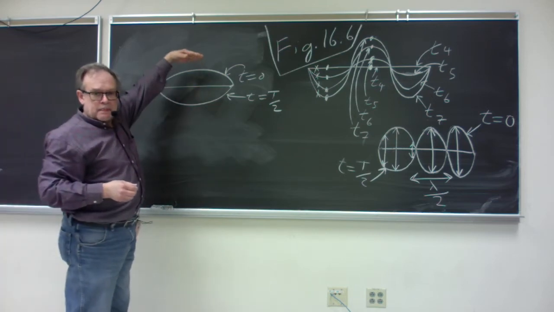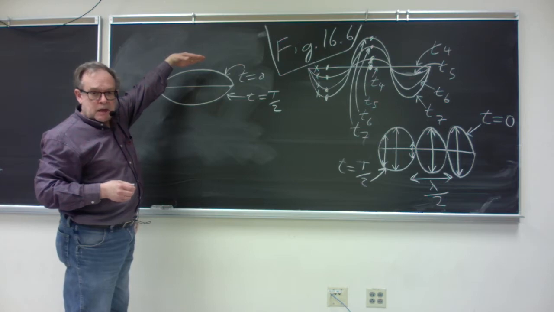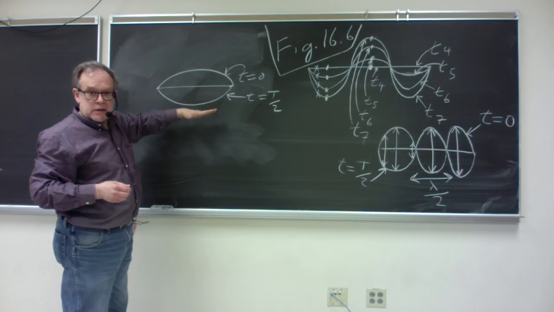Every vibrating point was at its maximum displacement away from equilibrium on one side, and then half a cycle later it's at its maximum displacement away from equilibrium on the other side.